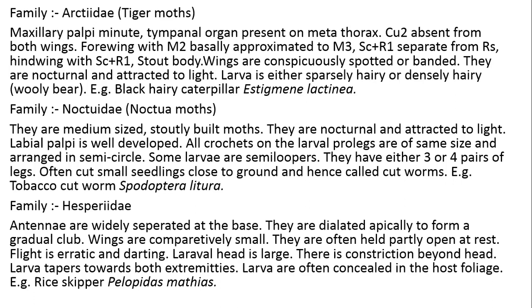Some larvae are semiloopers. They have either 3 or 4 pairs of prolegs, often cut small seedlings close to ground and hence are called cutworms. For example, tobacco cutworm, Spodoptera litura.